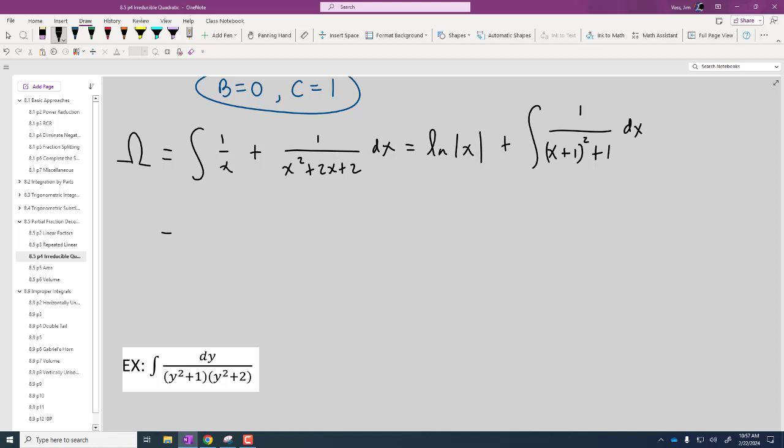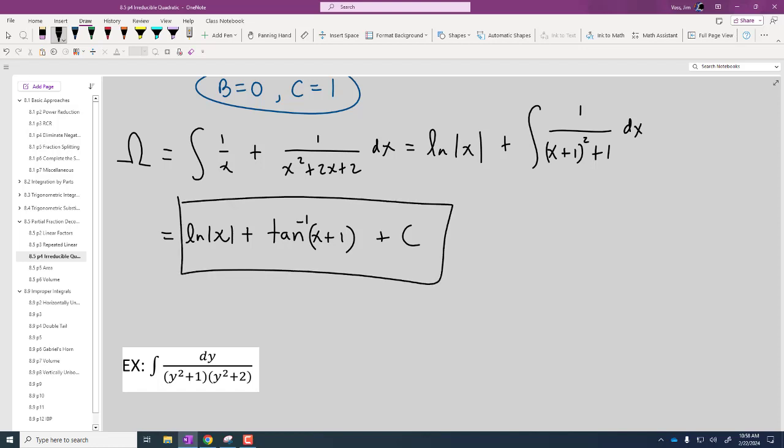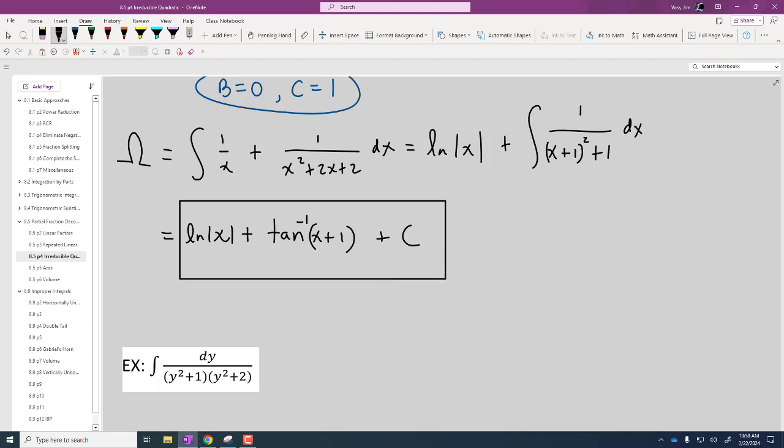So we don't have to do any trig sub. So we'll have natural log, absolute x, plus inverse tangent of whatever's in parentheses, plus c. And we don't have to do any reverse chain rule because it's x plus 1. It's not 3x plus 1. If it was 3x plus 1, we would divide by 3.